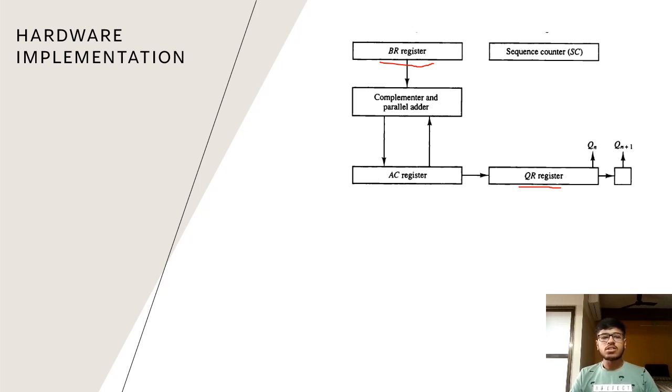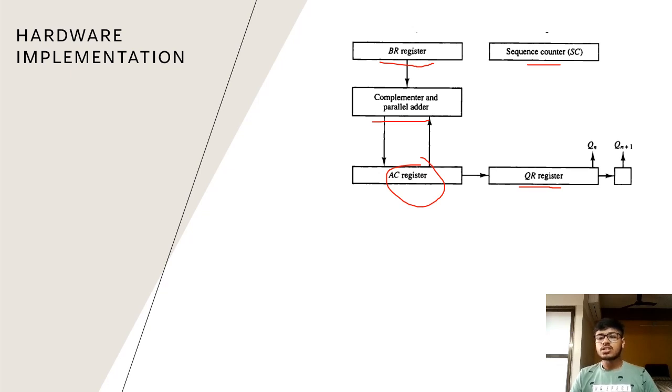For this Booth algorithm, two registers BR and QR are needed, which store the integers. An accumulator is required. We also need an adder and a sequence counter, so that the multiplication takes place only till the number of bits in the QR register.